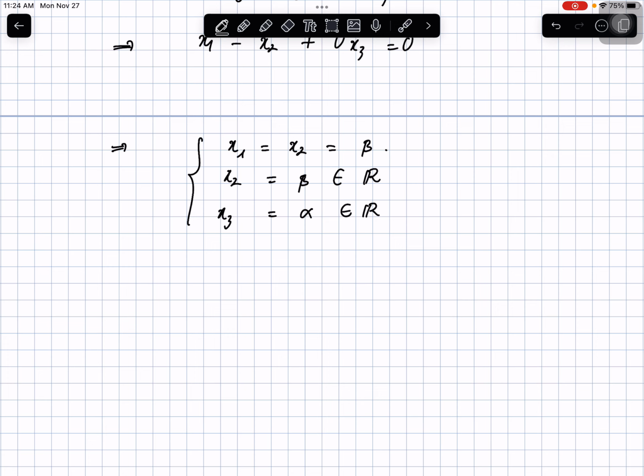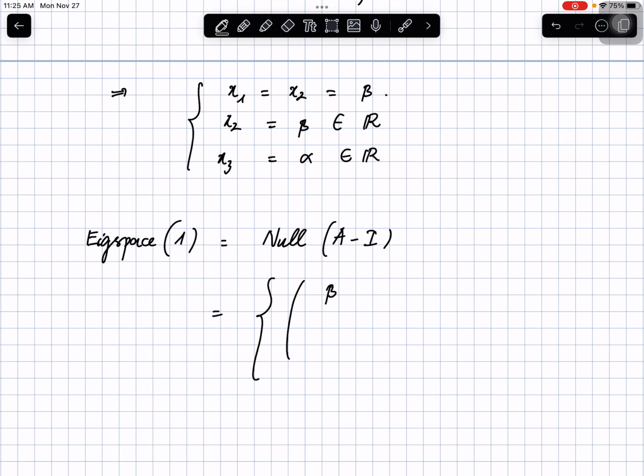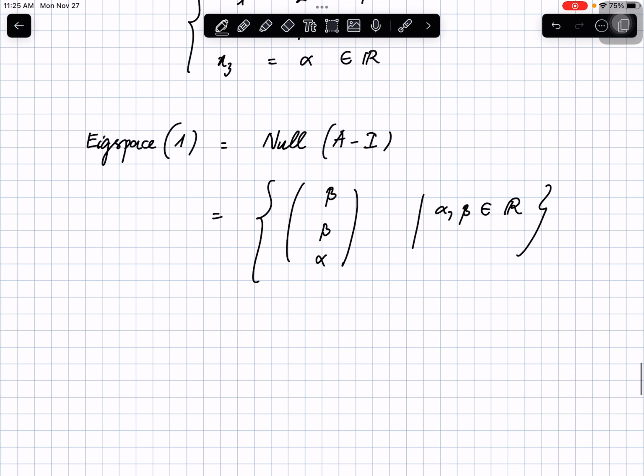So the eigenspace corresponding to 1, the null space of the matrix A minus I, is the set of vectors (beta, beta, alpha), spanned by, okay, let me do one more step, beta times (1, 1, 0) plus alpha times (0, 0, 1).